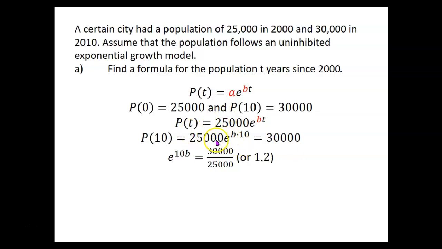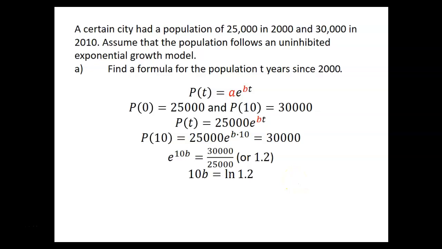To do that, first divide both sides of this equation by 25,000. Then we get e to the 10b equals 30,000 divided by 25,000, which comes out to be 1.2. So now we have e to the 10b equals 1.2. To get rid of the e, we take natural logs of both sides. ln of e to the 10b would just be 10b, and on the other side we get ln of 1.2.